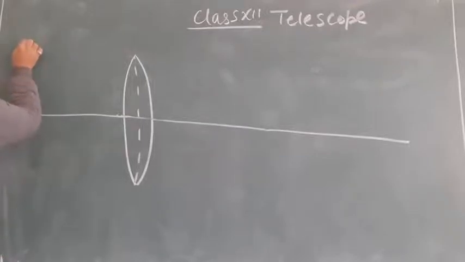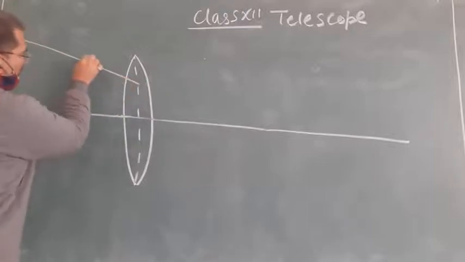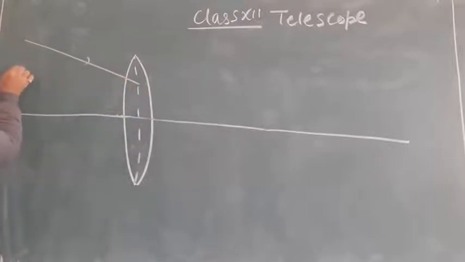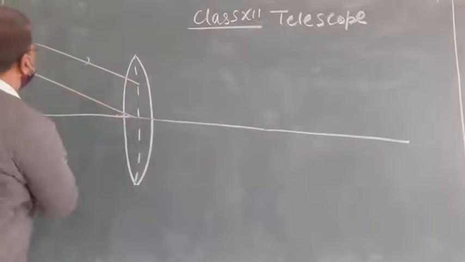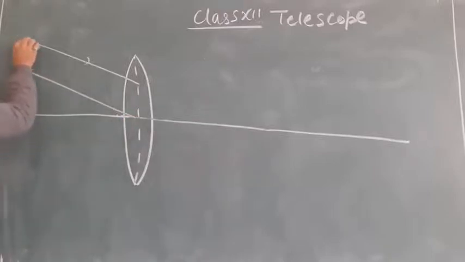Rays are coming parallel. Suppose this is the sun. Look at the moon. You take the moon here.